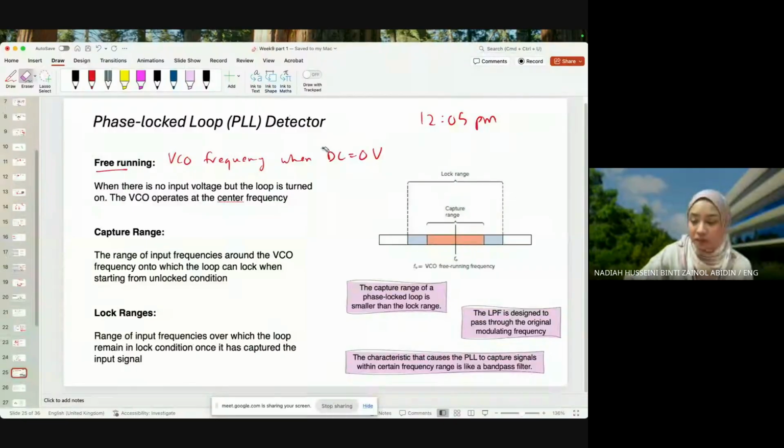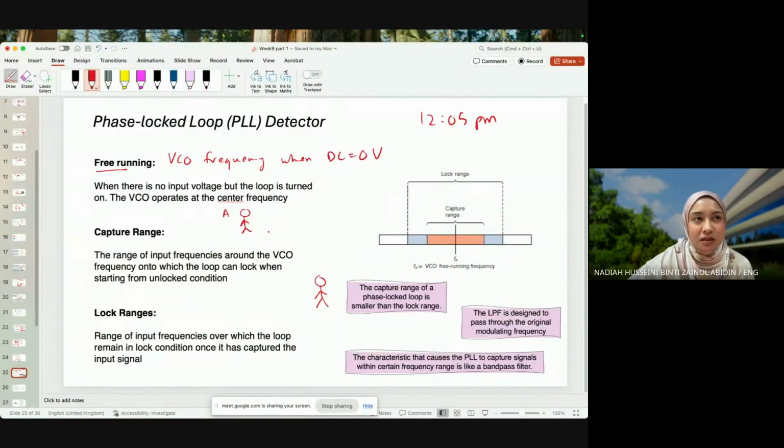Okay, so let's continue. We talked about the PLL detector, the terms free running. We talked about capture range and lock range. So that was a really interesting analogy. I'm going to repeat the analogy again. Not sure if everyone is familiar with how pace for running works. So assume that this is runner A, and then we have a runner B who is way far at the front.